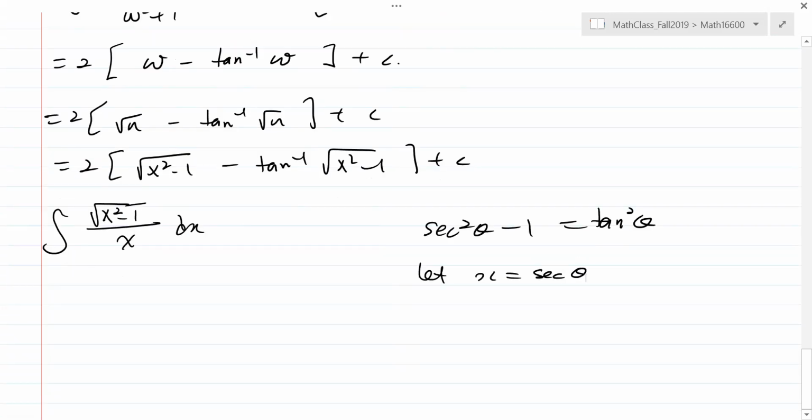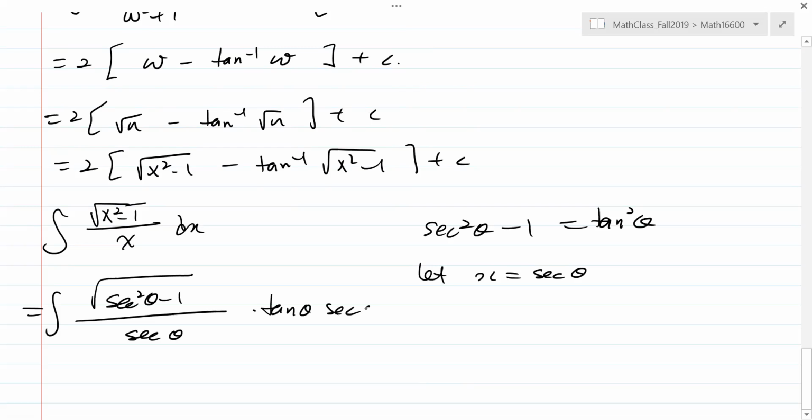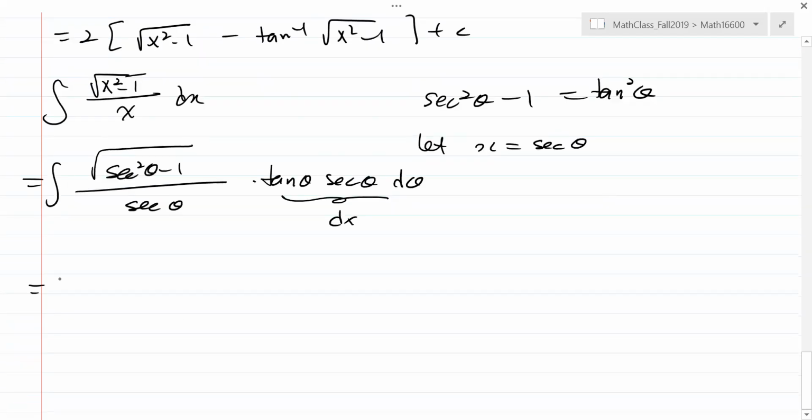Maybe that works. Then in this integral here, x is secant theta, and on the top is going to be secant squared theta minus 1. And what is dx? The derivative of secant theta is going to be tangent theta secant theta d theta, right? The numerator is going to be tangent theta.